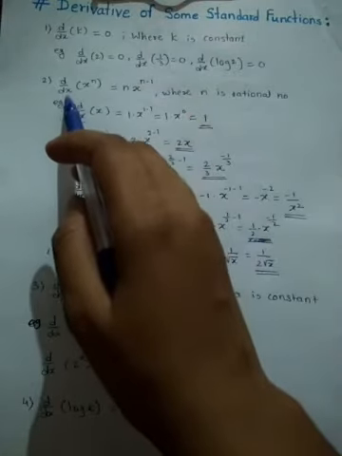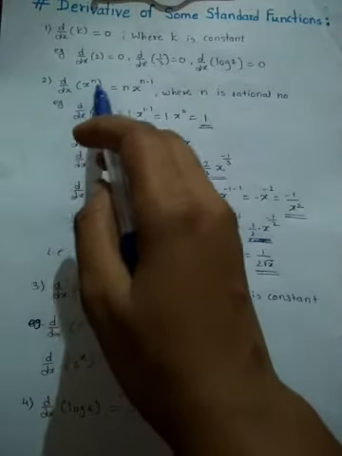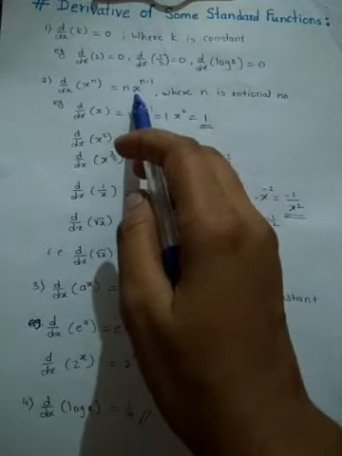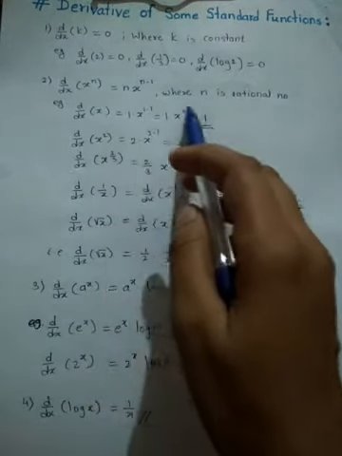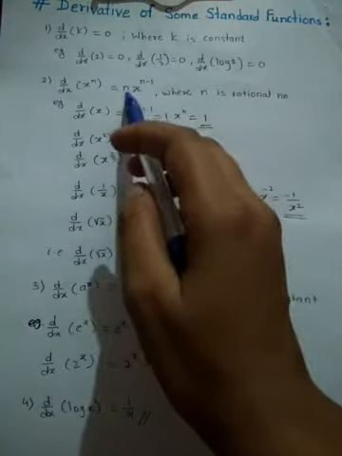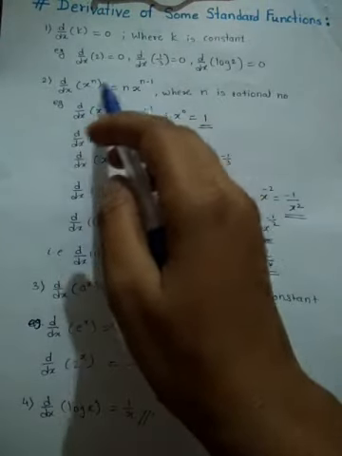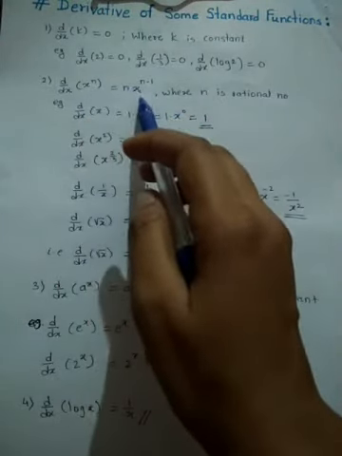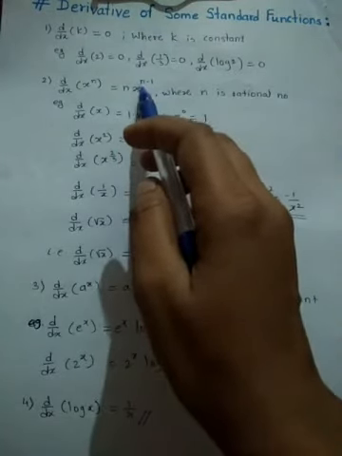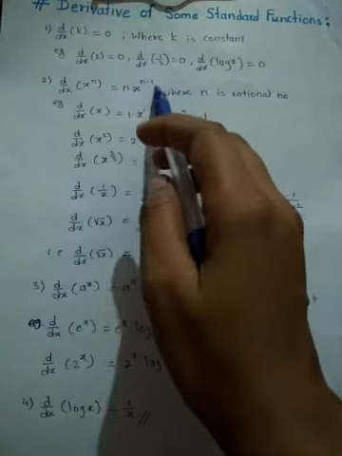Now the second formula, second standard function x raised to n. Derivative of x raised to n is n into x raised to n minus 1, where n is a rational number. Power of x is n. Derivative of x raised to n is n into x raised to, subtract 1 from the power, that is n into x raised to n minus 1.